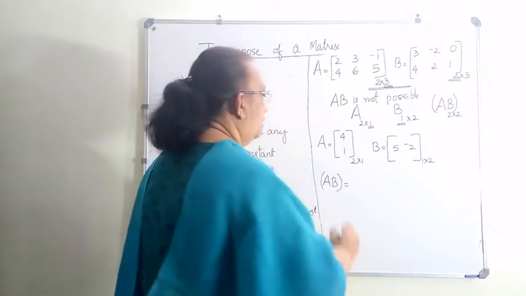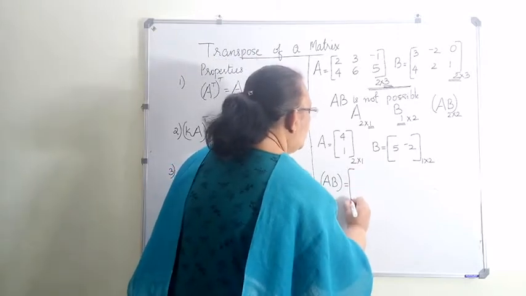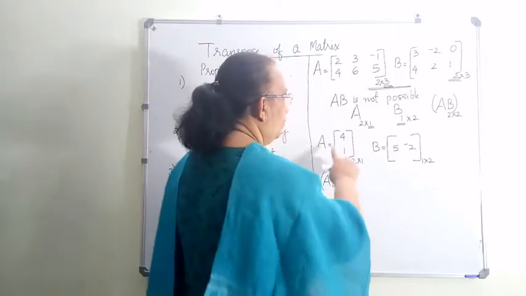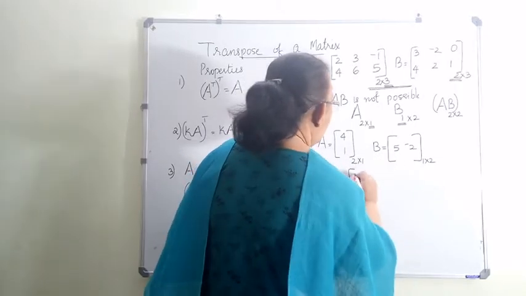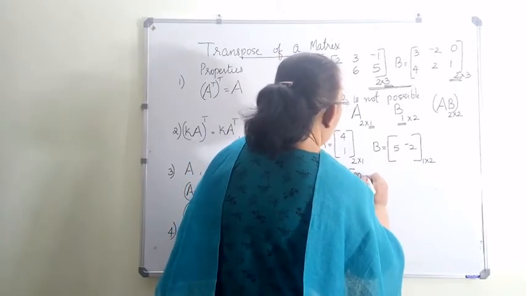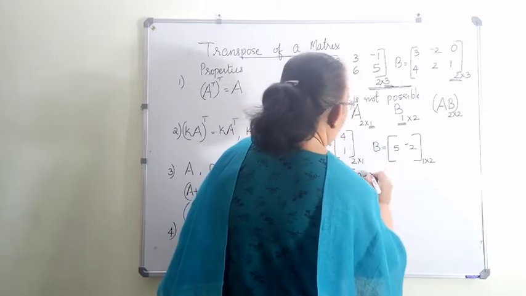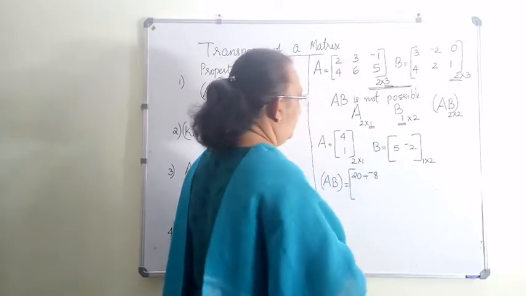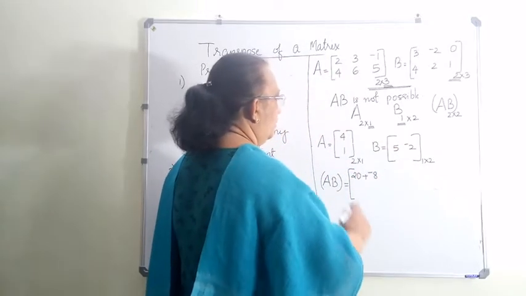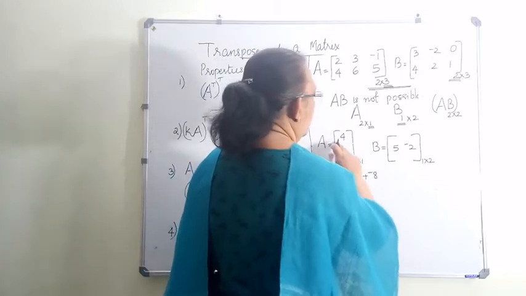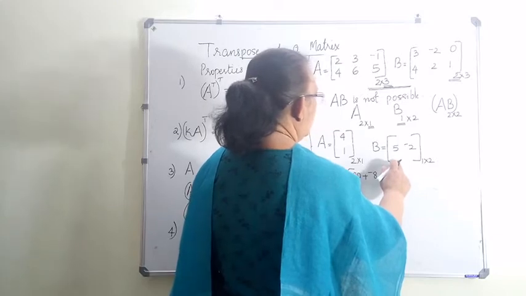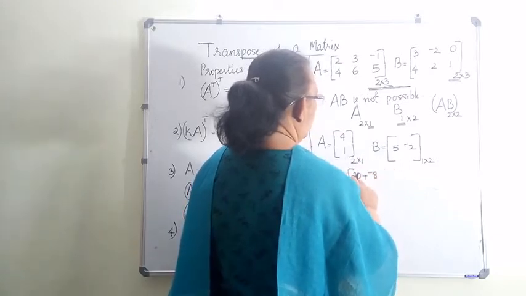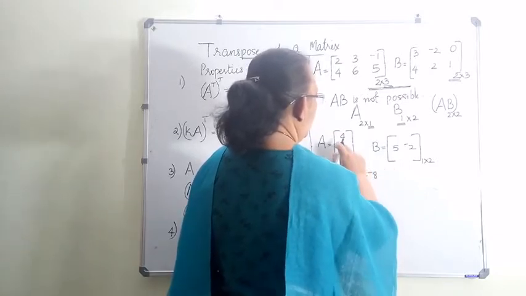AB. So from the beginning itself you know the answer is a 2 by 2 matrix. How do you find it? First row into the first column: 4 into 5, 20.